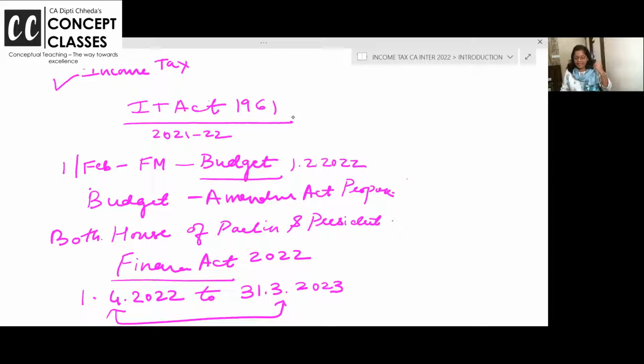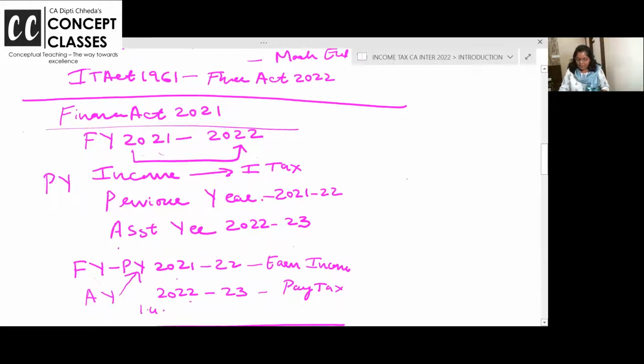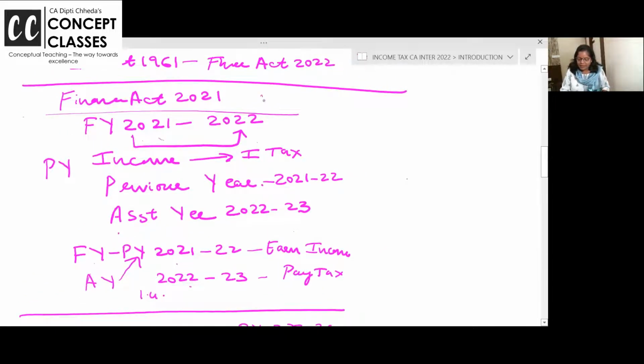No. Then every 1st of February, Finance Minister presents budget. That is proposal of amendments, changes, clarifications in Income Tax Act 1961. So we are all going to study the Finance Act 2021.